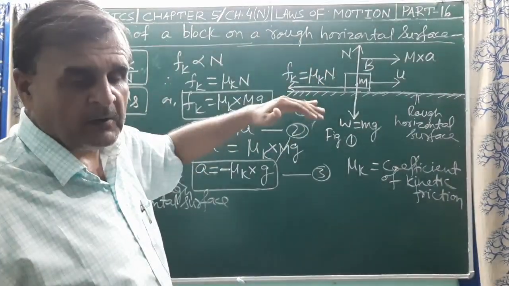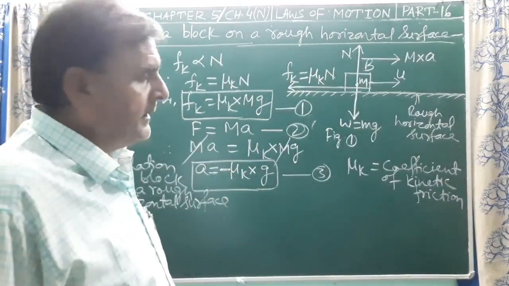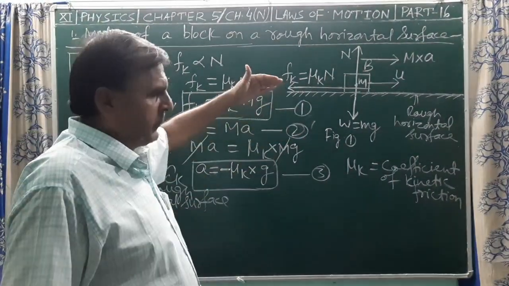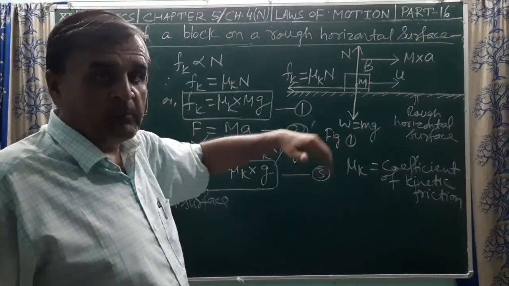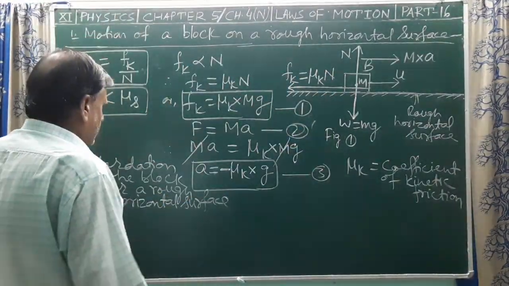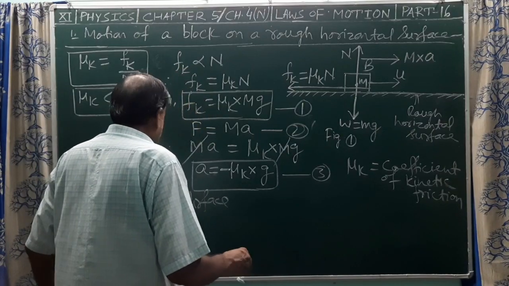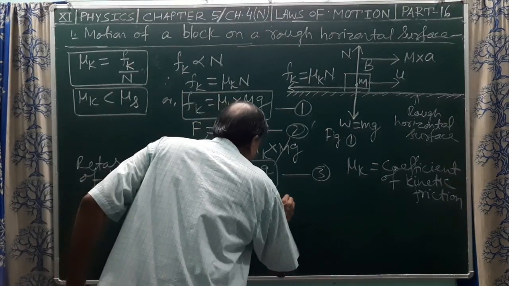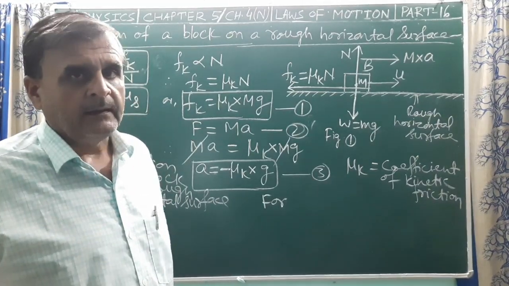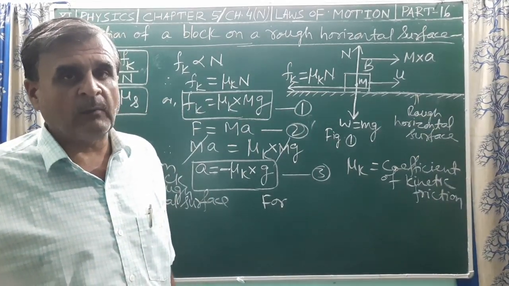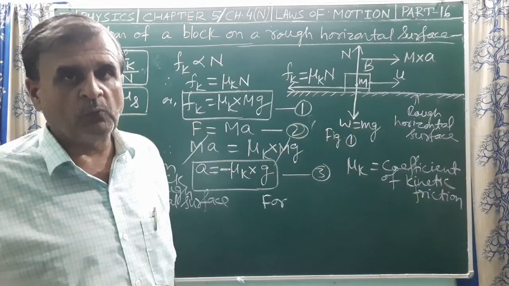That is, the final velocity of the block is 0. Then the distance covered by the block over a rough horizontal surface before coming to rest is the stopping distance. For the stopping distance, we use one of the equations of accelerated motion, v square minus u square is equal to 2as.